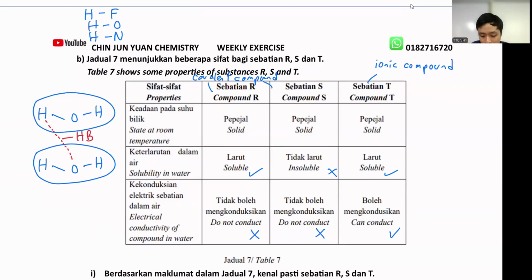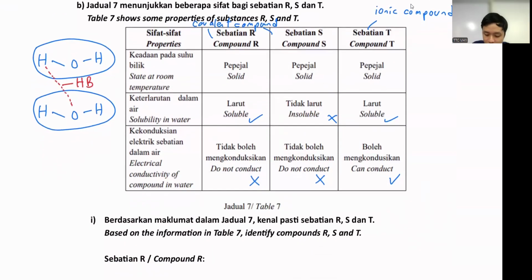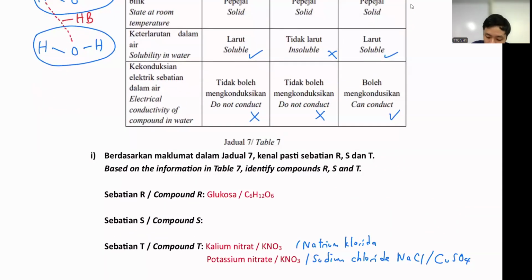So what are the examples? Normally it can be C6H12O6, glucose. Glucose is one of the best examples. Even ethanol can be accepted. Or in biology, we learn urea and sucrose, for example.